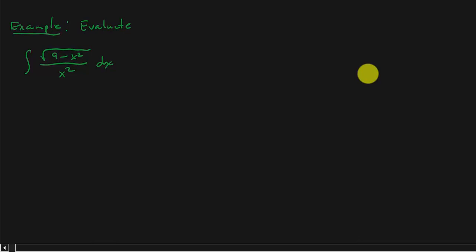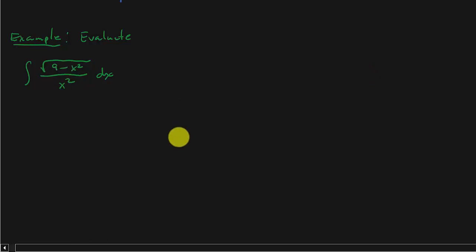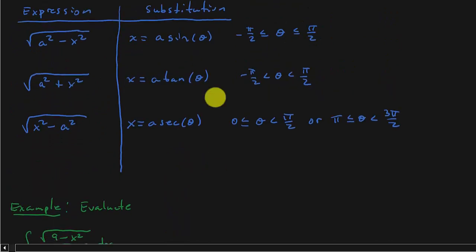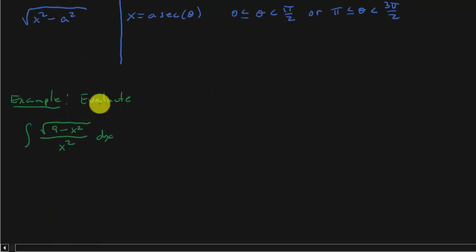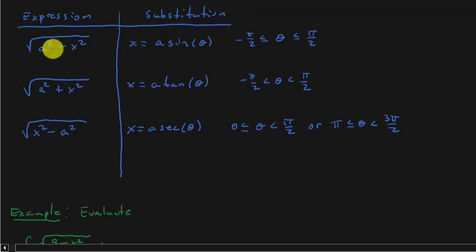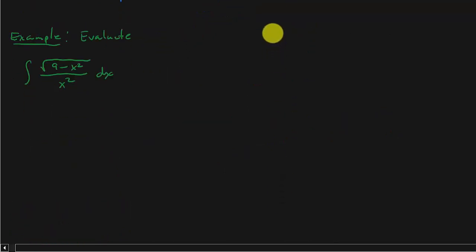So for this one, we've got the square root of 9 minus x squared over x squared. Now you can see we're in the form a squared minus x squared. So we're going to use x equals a sine theta. And remember, this is a squared, so 9 is a squared.